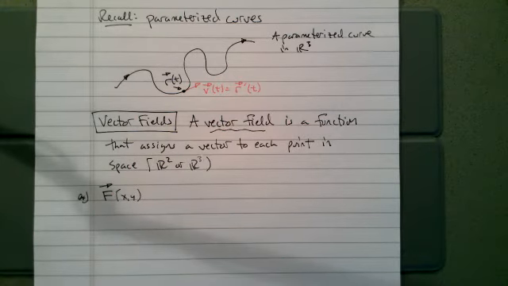The i and j components are both going to have functions of x and y at each of those points. So let's start with the classic example. Let's start with a different classic example.